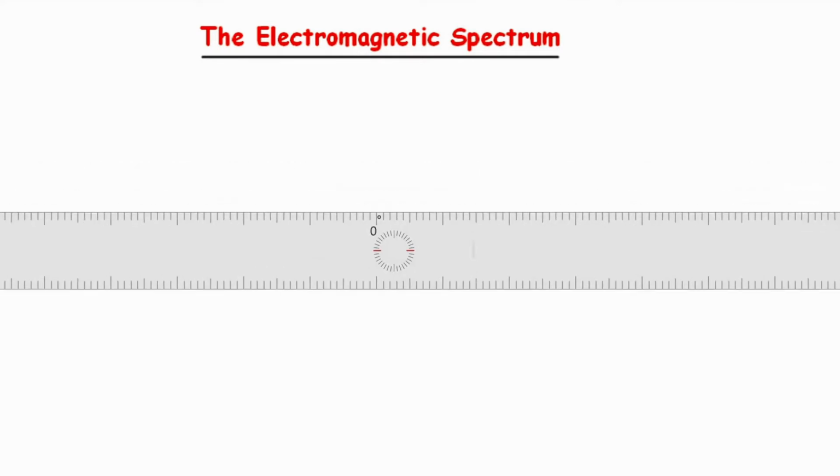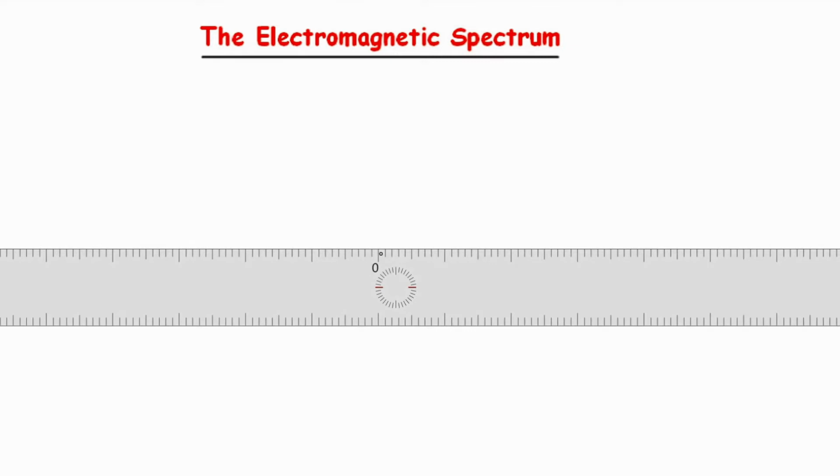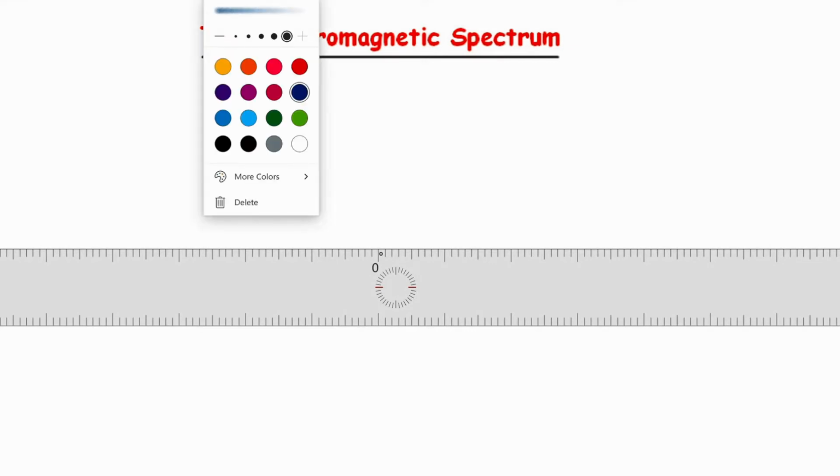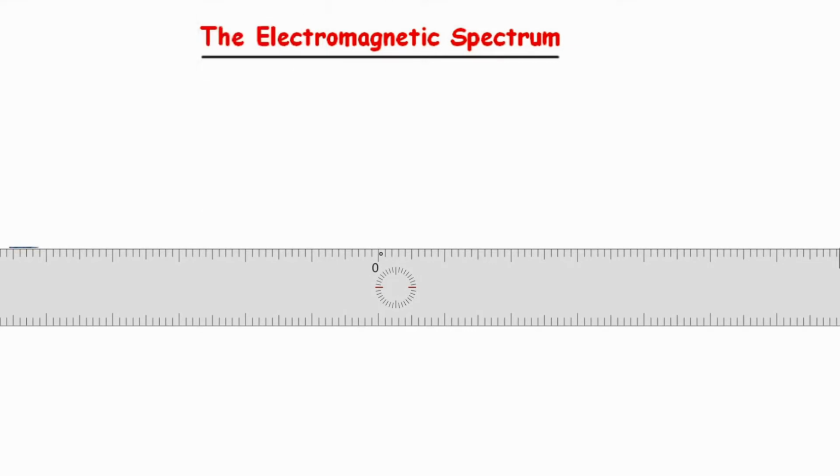First thing I'd like you to do is to draw in the middle of the page 2 horizontal lines. And we're just going to use those 2 horizontal lines to draw the whole of the spectrum.